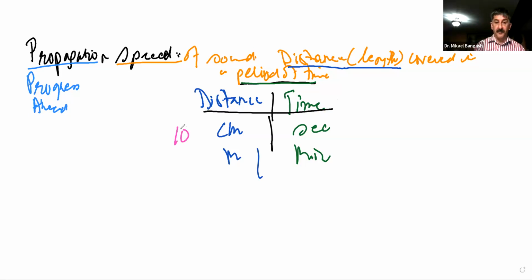If something is moving at a speed of 10 centimeters per second, that mainly means that in a time span of 1 second, it will move across a distance of 10 centimeters.